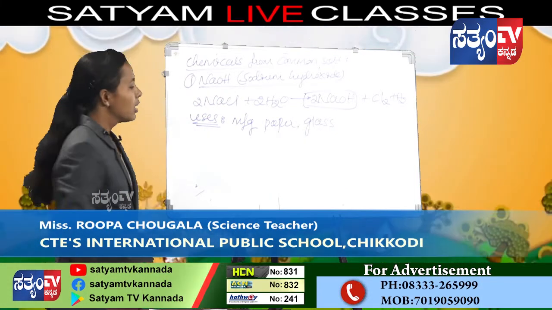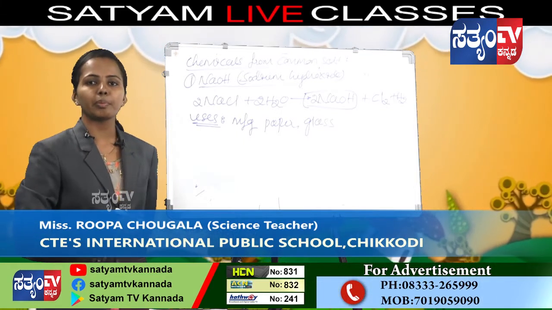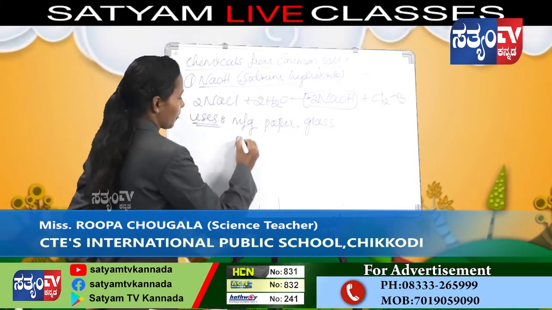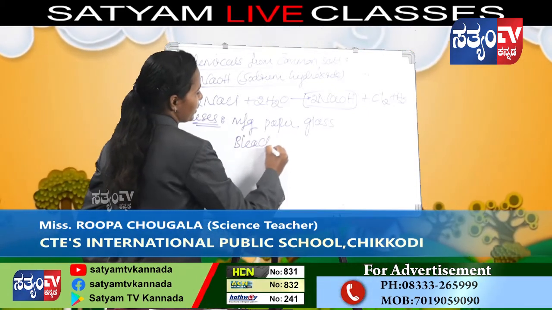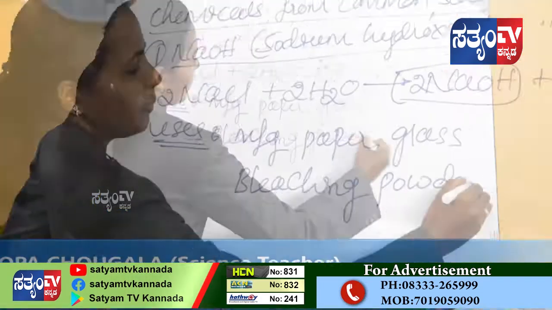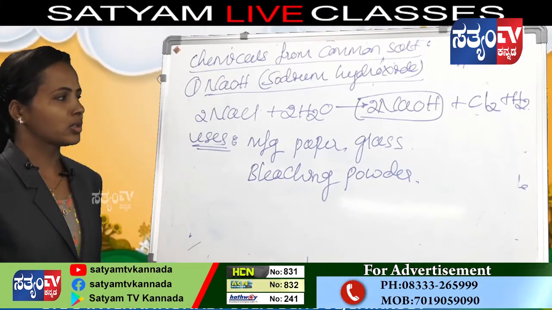And these NaOH crystals are used for the preparation of bleaching powder. These are the uses of sodium hydroxide.